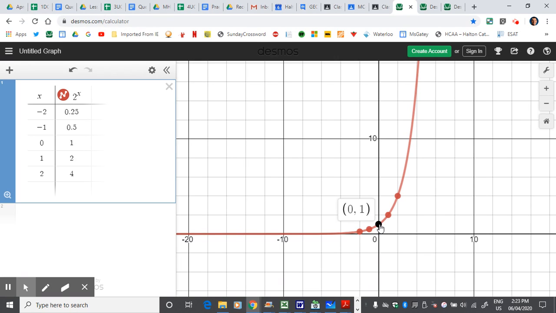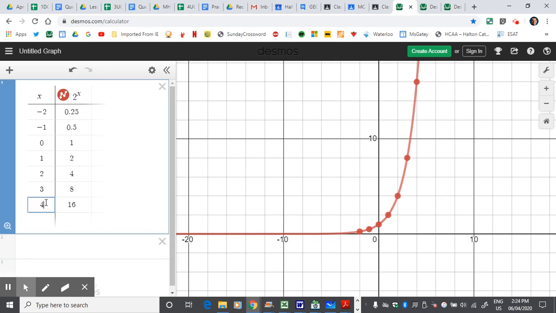And very quickly, if we start to put positive exponents on there, you start to get your graph to increase. If I was to extend that graph, for an x value of 3, you get a y value of 8. I would double it. And every time I continue to double that graph, my function value is going to increase really quickly.